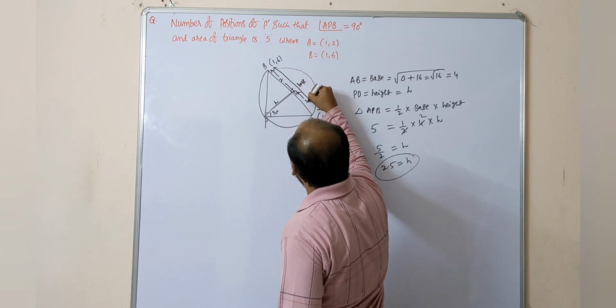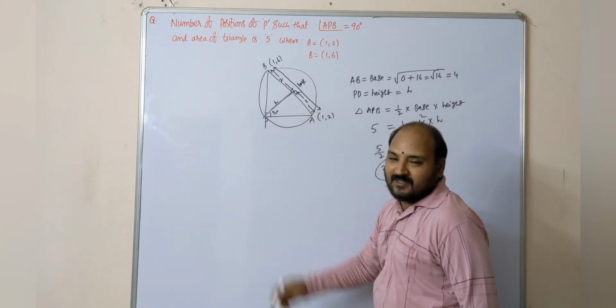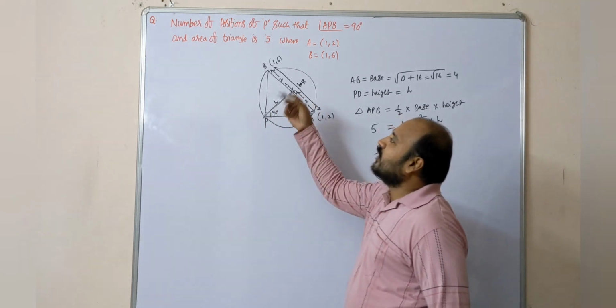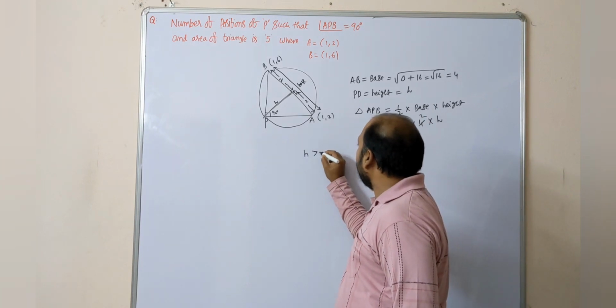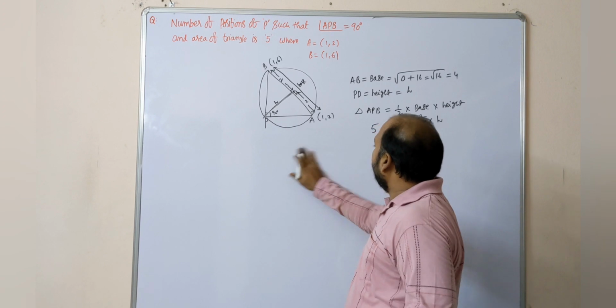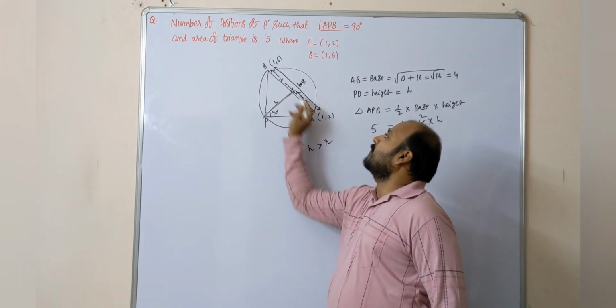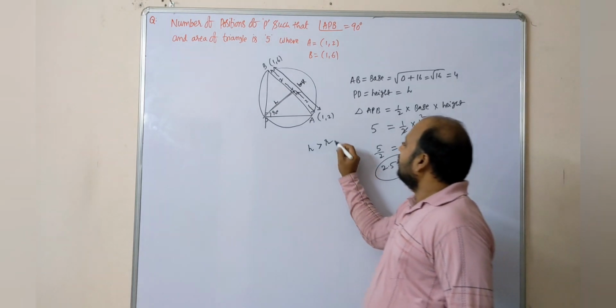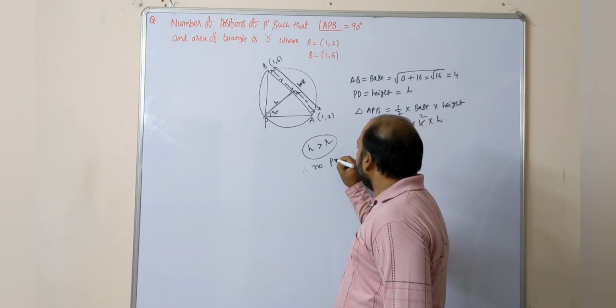Even from here to here it is 2 units, but we are getting more than 2 units. So whenever the h value is greater than 5 by 2, the h value is greater than the radius. Therefore, no point will exist.